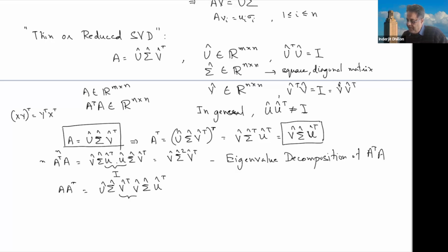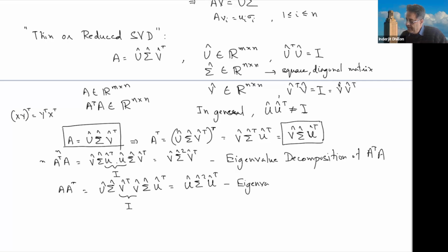V hat transpose V hat is the identity, and so I get U hat sigma hat squared U hat transpose, which is the eigenvalue decomposition of A A transpose.